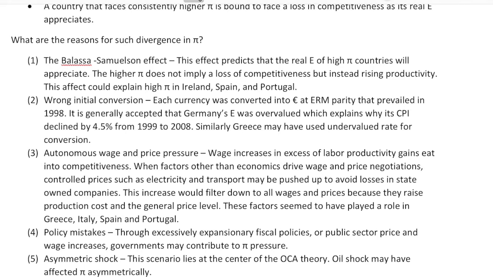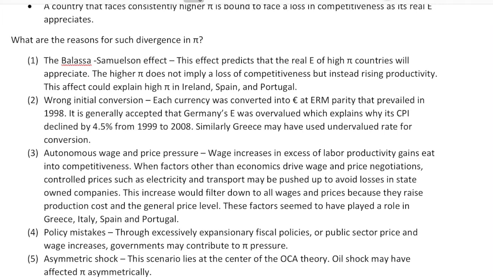One very popular explanation for the divergence in inflation rates among European countries is called the Balassa-Samuelson effect. This we discussed in chapter 13, but what this effect specifically predicts is that the real exchange rates of countries that are catching up usually appreciate.